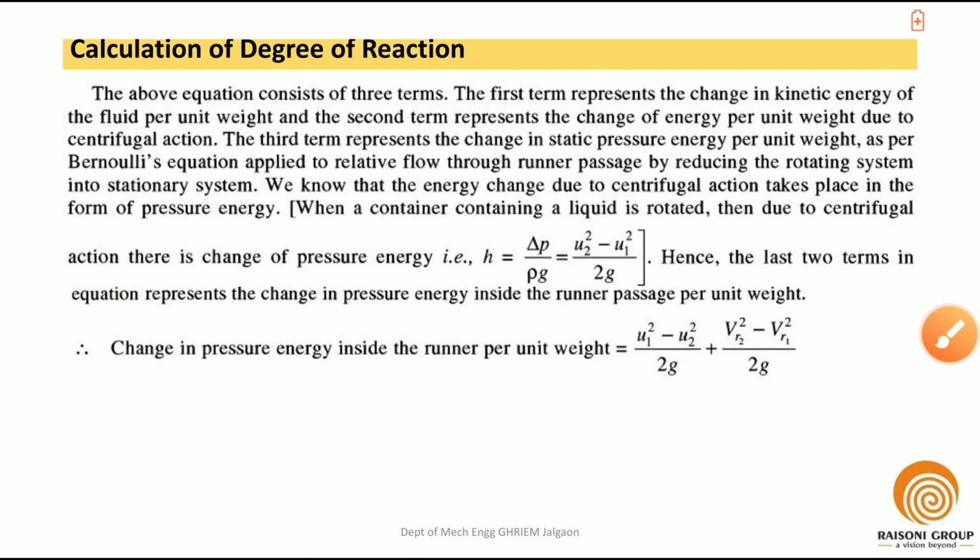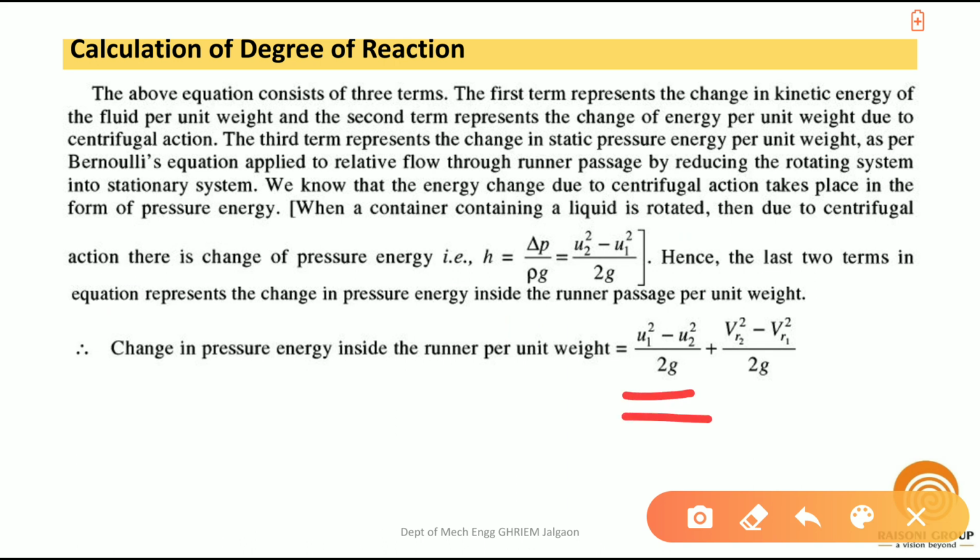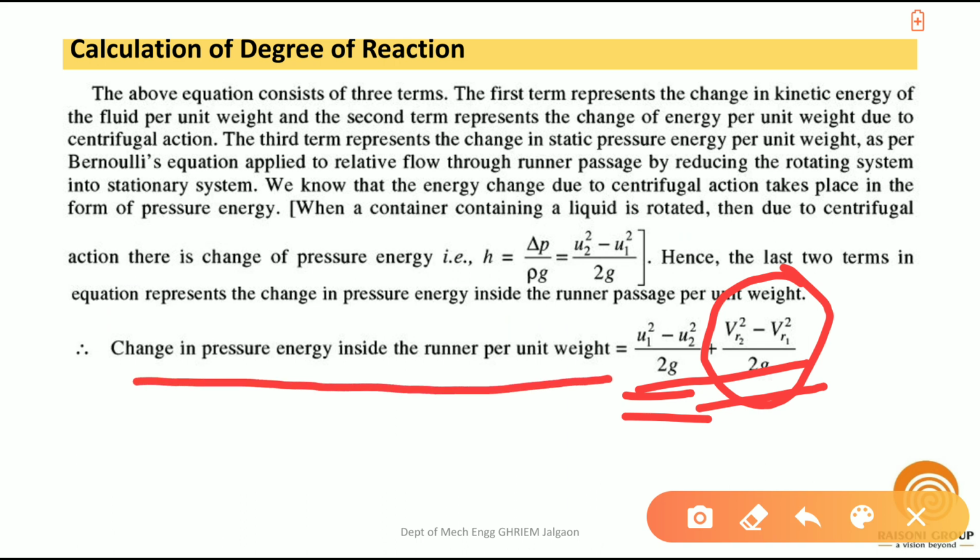Hence these last two terms, u1 square minus u2 square divided by 2g plus the relative velocity term, combined represent the pressure energy change. Hence the total change in pressure energy inside the runner is given by these two terms.